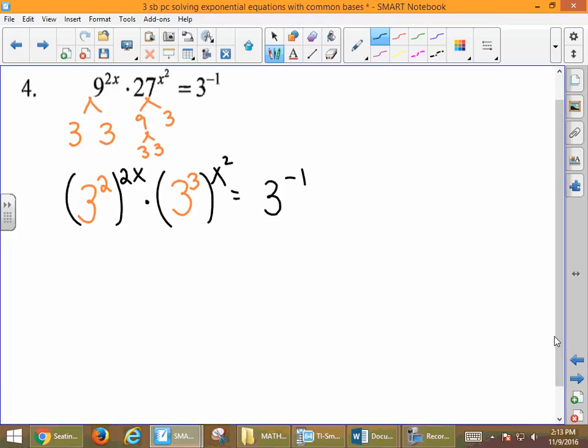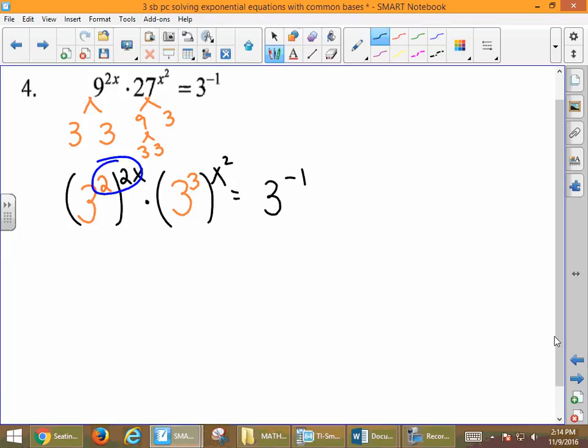We're close to a point where we can actually solve, because we have everything written in terms of a common base, in this case on this problem of 3. And as we go back and look here, we can superpower that, which means that we're going to multiply those 2 exponents together.